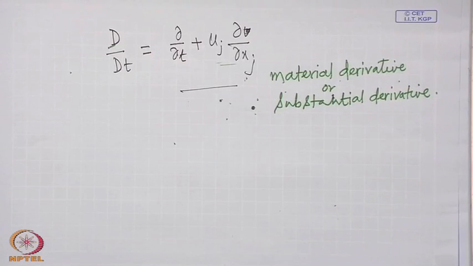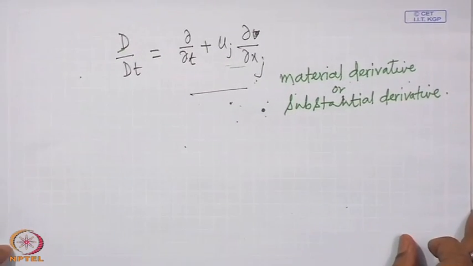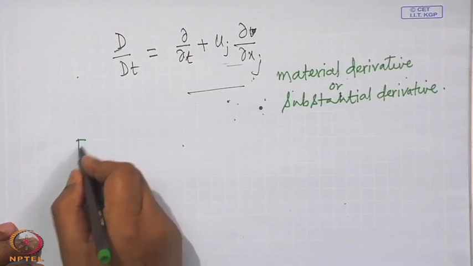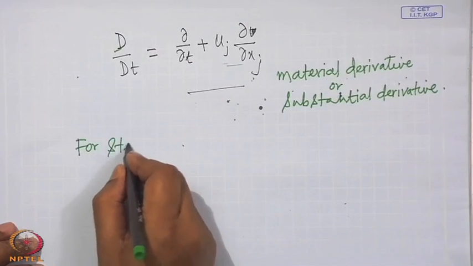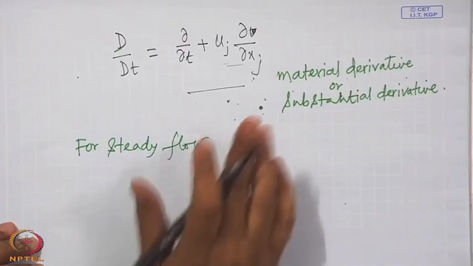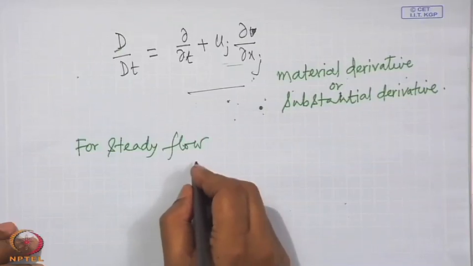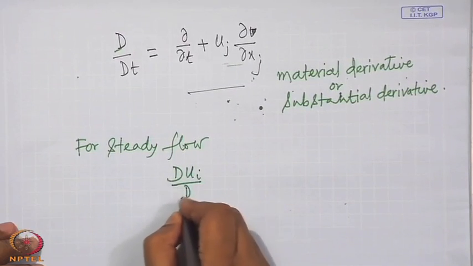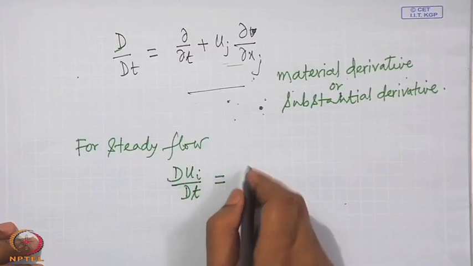That would be a little difficult to explain in Lagrangian description. So, for steady flow, acceleration is not 0. Acceleration of fluid element is non-zero.